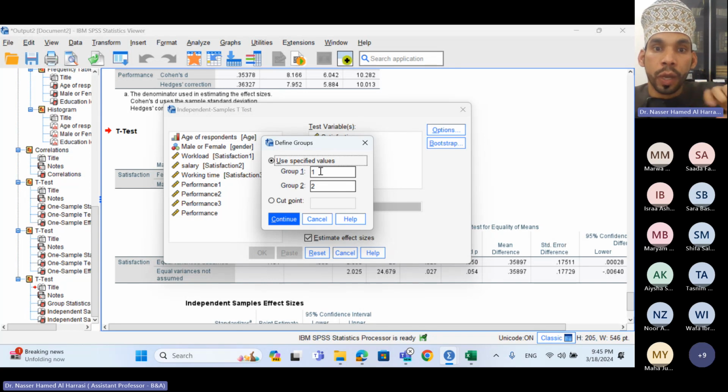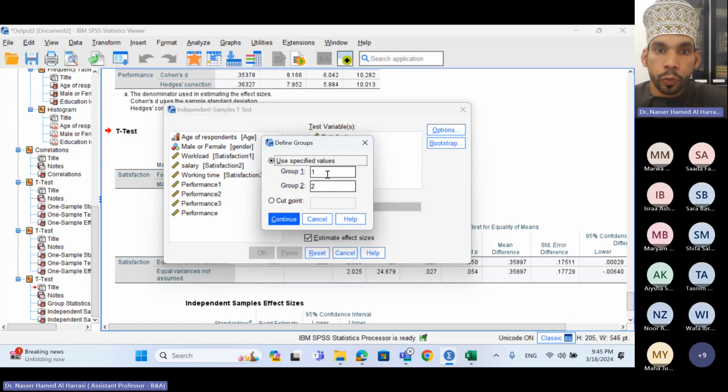So here, for example, group 1 is high school and group number 2 is bachelor degree. So it is going to compare between these two groups only. Then you have to do another test between 2 and 3, then between 3 and 4, and so on.